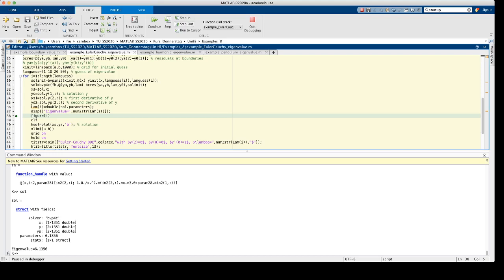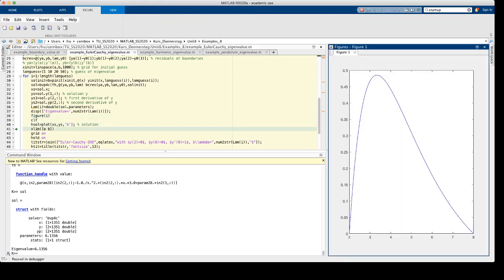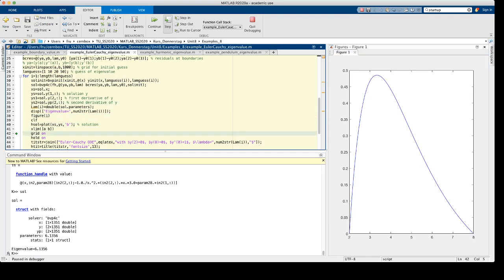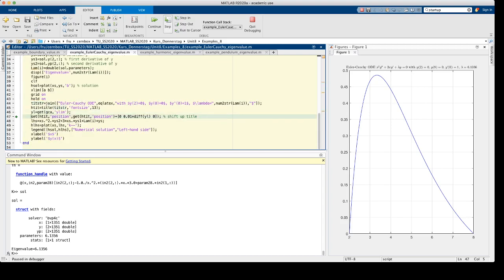Now let's proceed to the graphical representation of this eigenfunction. Let's plot the solution. This is the eigenfunction. We plot a title. So here you see the ODE, the initial conditions, and the eigenvalue to this eigenfunction.